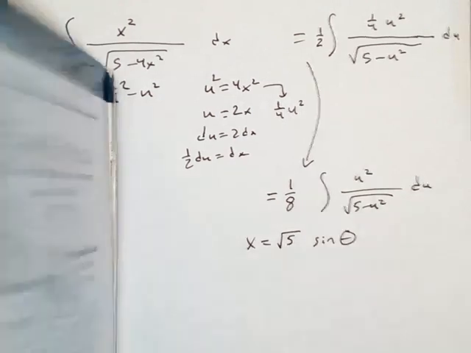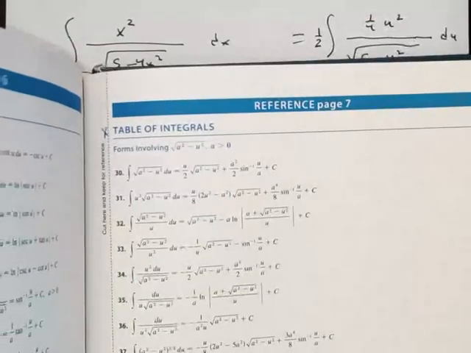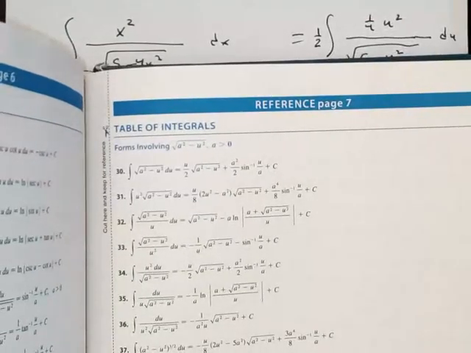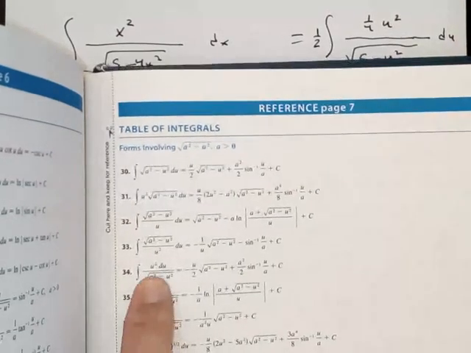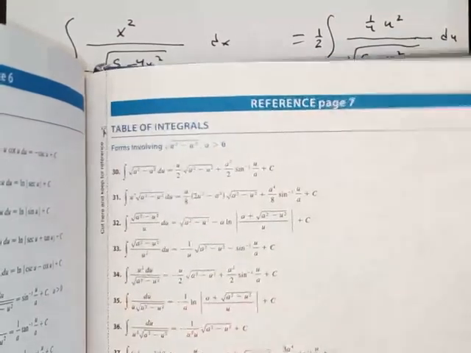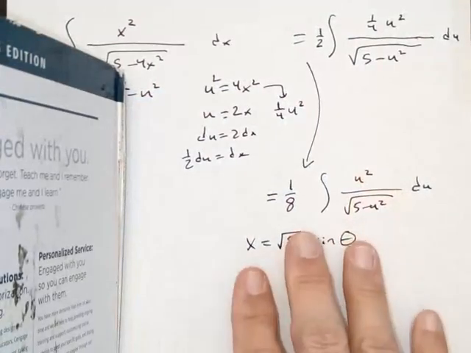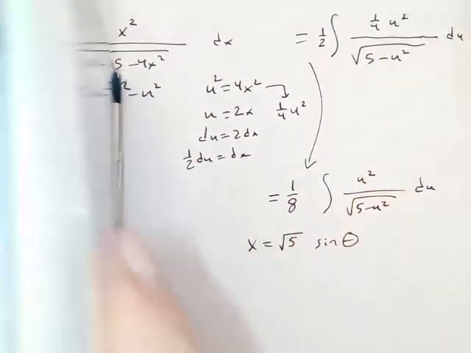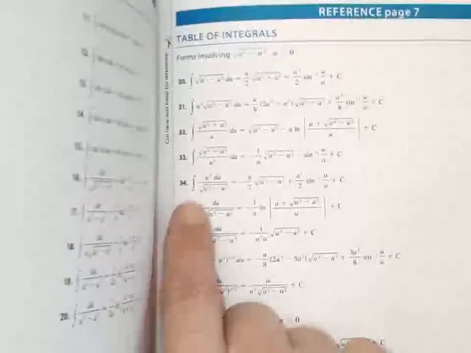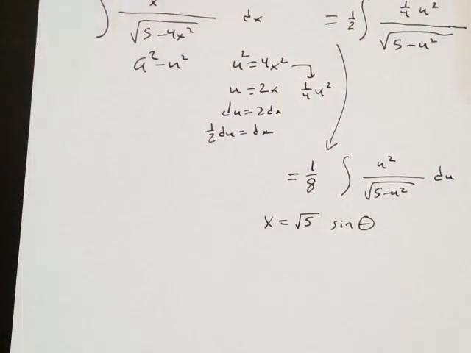Where's your book? Ah, 34 has a u squared on top and then the square root a squared minus u squared on the bottom. U squared on the top, a squared minus u squared. Okay, so instead of doing this, I'm going to say I want to use formula number 34. I'm going to write down formula number 34.